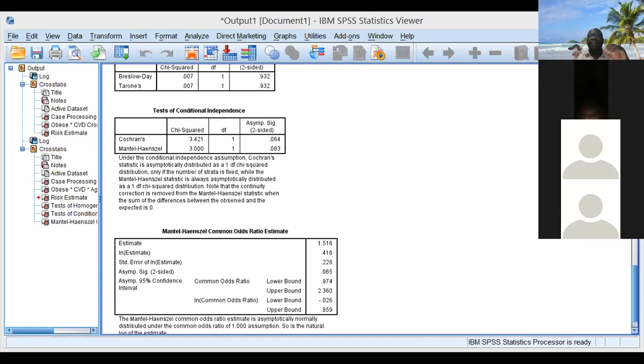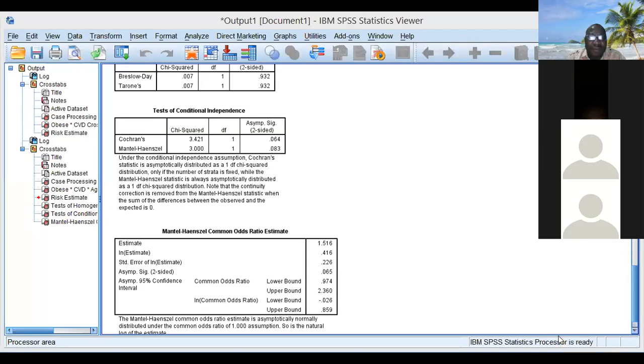Before we go, sorry. Hello. Go back. Yes, go on, sir. There are two 95% confidence intervals with lower and upper bounds. In the last one, one is talking about the odds ratio, one is talking about the logarithm of the common odds ratio.